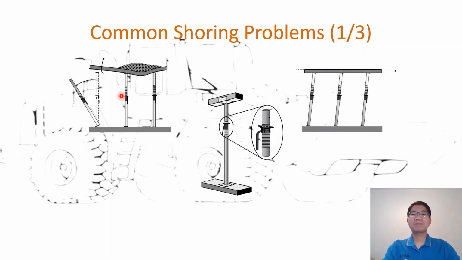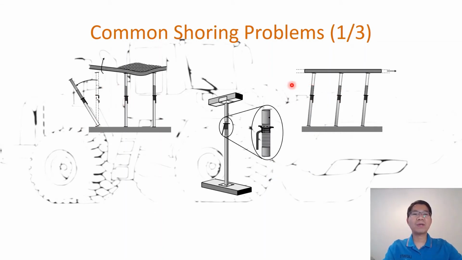The second problem related to the shoring, as you can see here, is if we do not brace between the shores. The shore is very good at, as you can see here, compression load, the vertical load. What if we have just a very gentle wind, or someone or equipment hits that temporary structure?